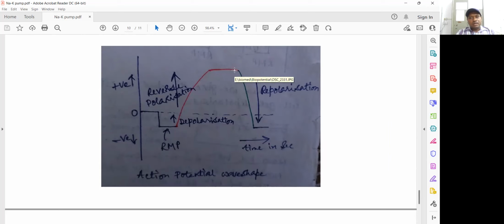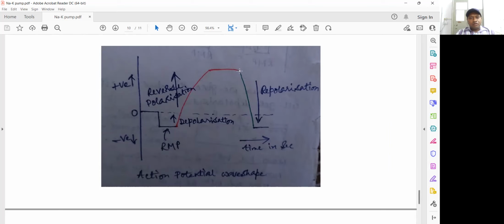As the ion travel time is less for the nerve cells, as the speed is very high, this action potential for the nerve cell we will see as a spike only.